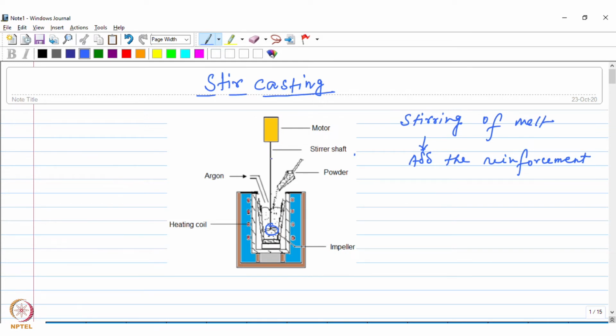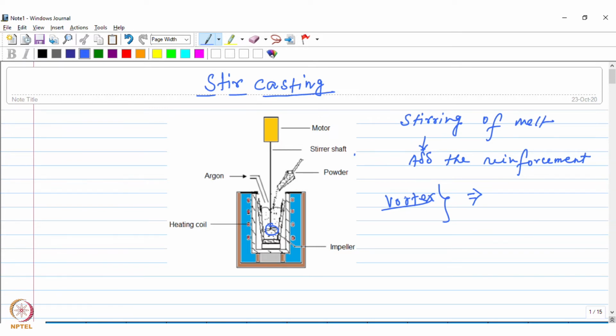Now if you rotate this shaft with the help of this electrical motor, the impeller will rotate inside the liquid metal. As you rotate it at high speed, it will create a vortex in the liquid metal and will agitate the liquid metal. This is something that we have seen before while talking about grain refinement by stirring and vibration.